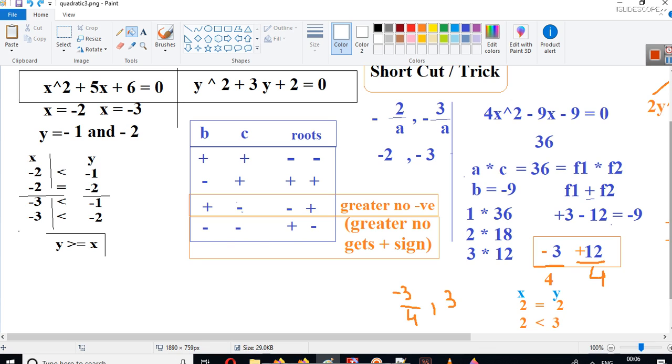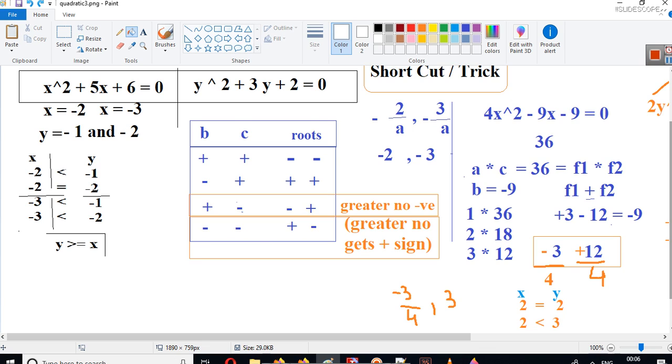So you can skip such questions also, because in the same time you can attempt other questions. But for most of the questions that you will get, you will be able to find these factors quickly.